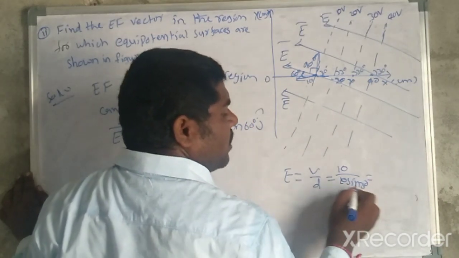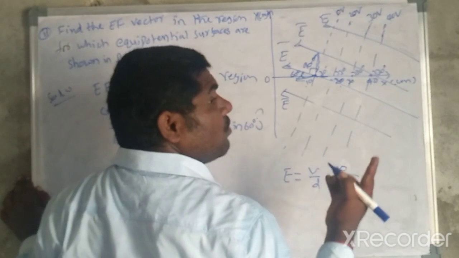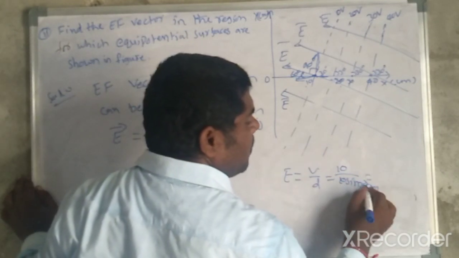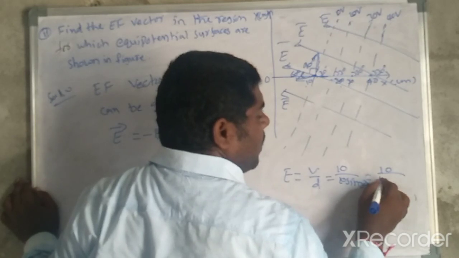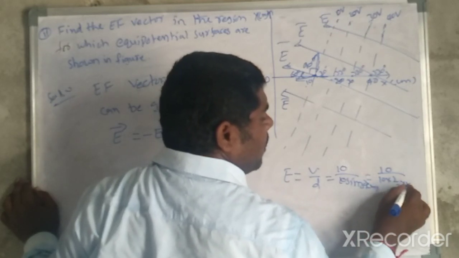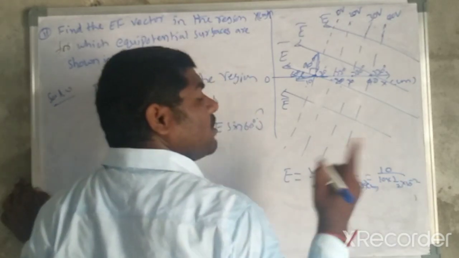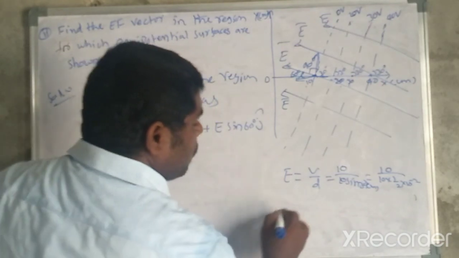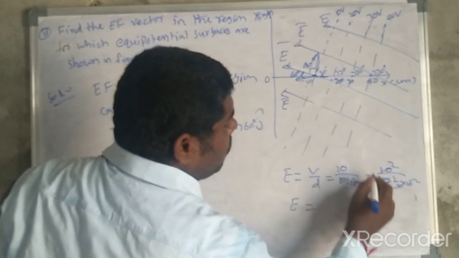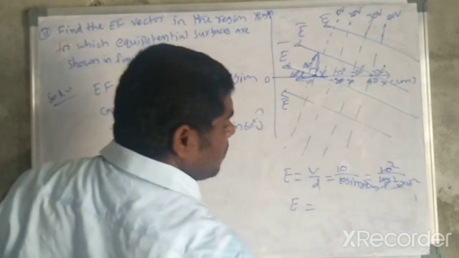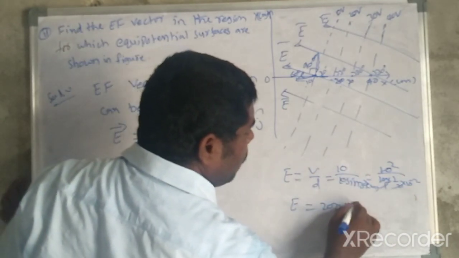Here the centimeter value is converted to meter, so 10 divided by 10 into 1 by 2 into 10 to the power minus 2. Simplifying, the electric field is 200 volt per meter.